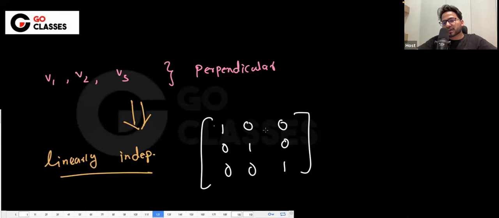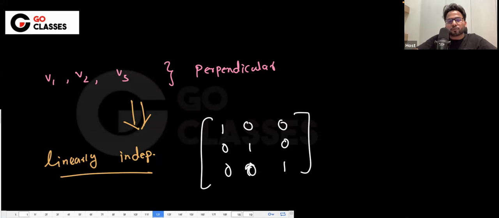Yes. If you just take the dot product, I mean if you don't know currently what the dot product is, that's fine. Basically you just need to multiply these two vectors, a transpose b or something like this. And yes, they are perpendicular to each other and they are linearly independent also. If they're perpendicular, then they must be linearly independent.